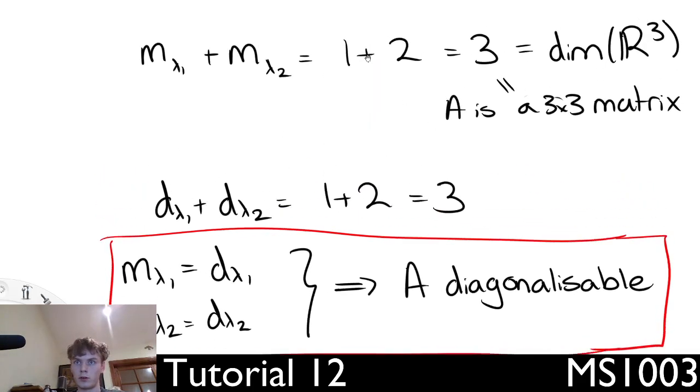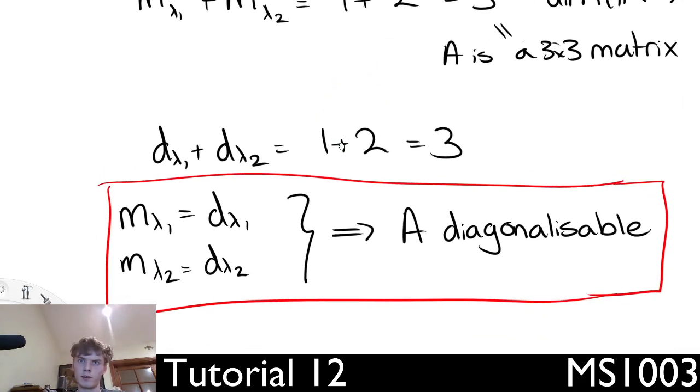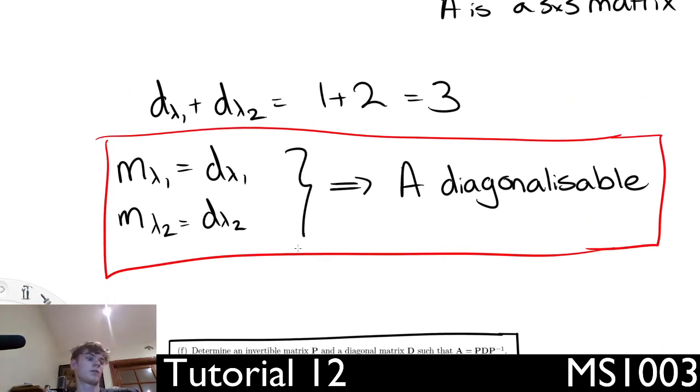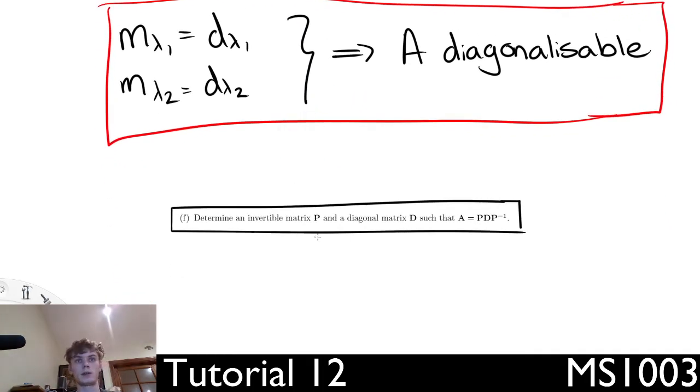You might wonder why at this point, if you don't already know. You're about to see this in the next part, part F. So, part F is going to be to determine the invertible matrix P and the diagonal matrix D, such that A is equal to P D P inverse.